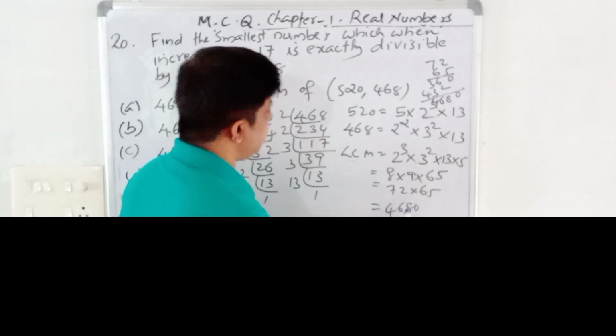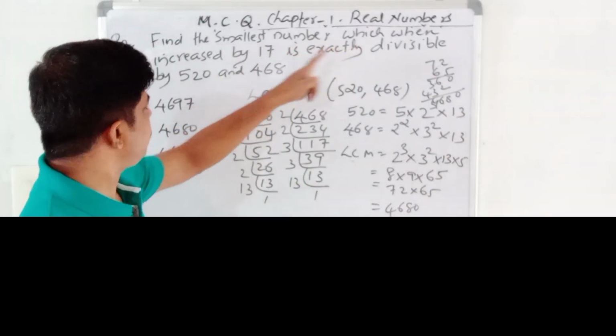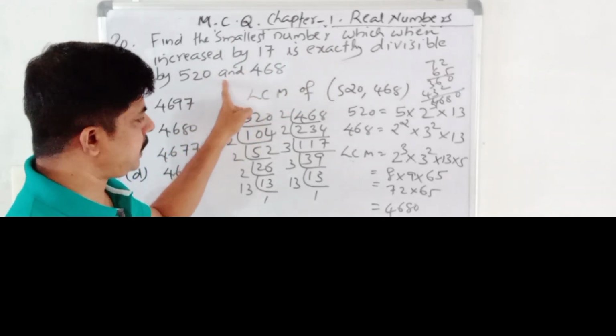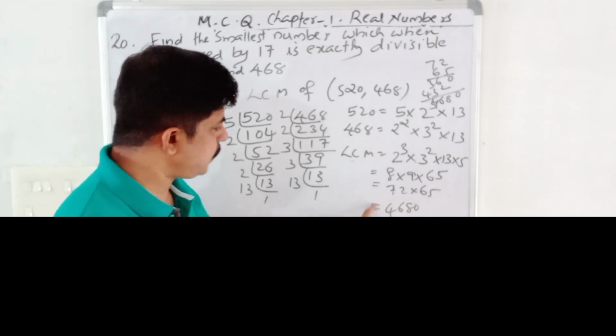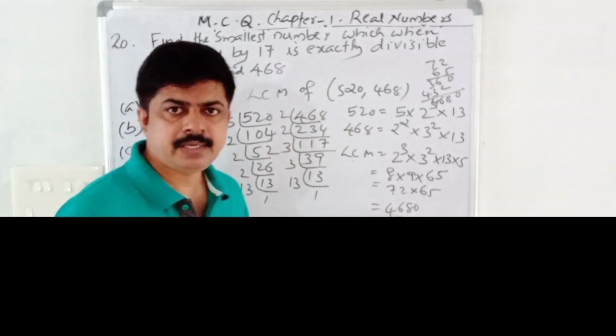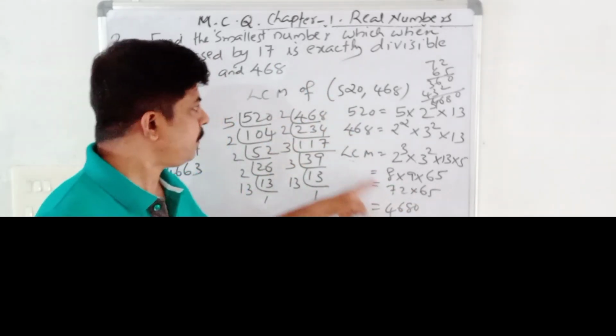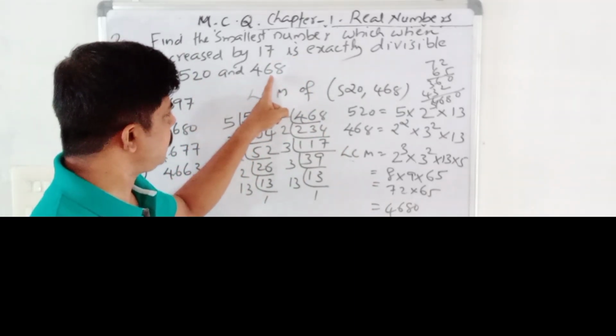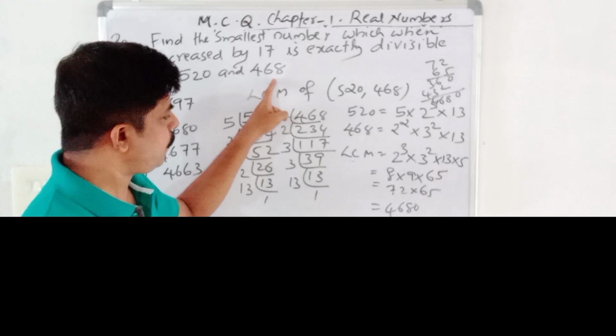But according to the question, we have to find the smallest number which when increased by 17 is divisible by this. Now what we have to do? We have to subtract 17 from this term. That is the number which is divisible by 520 and 468.